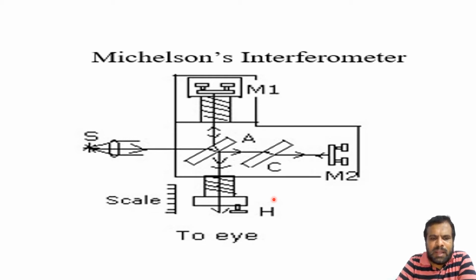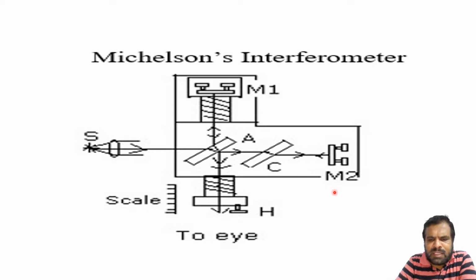The plane mirrors M1 and M2 have fine screws, with the help of which we can make M1 and M2 exactly perpendicular.